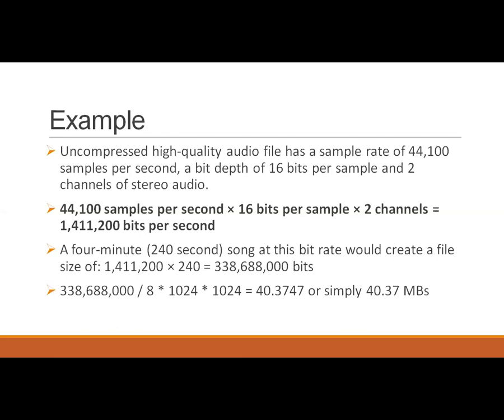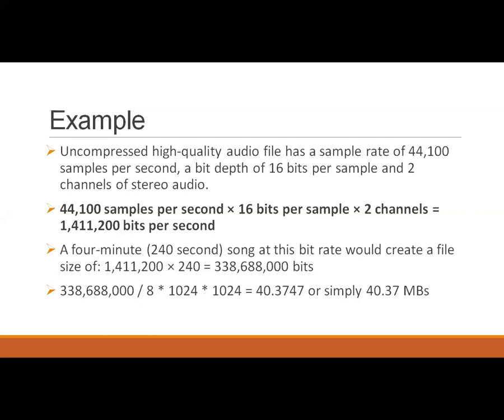Then, as I was telling you earlier, if I have to convert that into megabytes, I will first of all divide it by 8. Dividing by 8 would give me the bytes. Previously it was in bits. You know that a bit is a single 0 or 1, and a byte is a collection of 8 bits.